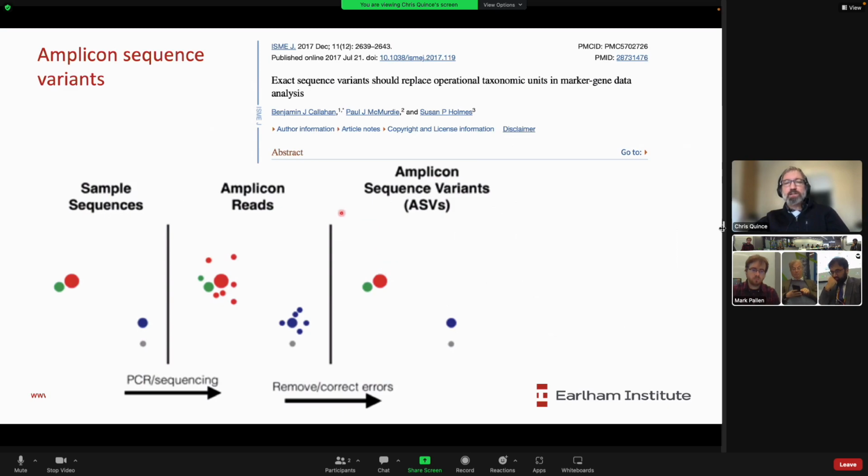And assuming DADA has worked perfectly, they should correspond to your original sample sequences. So the idea is, rather than forming OTUs for your analysis, you work directly with these ASVs. And there could be some advantages to that. If you think about it, you've then got the maximum level of taxonomic resolution.